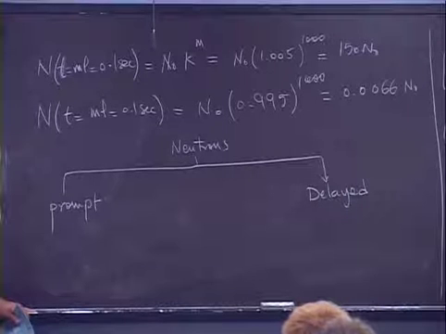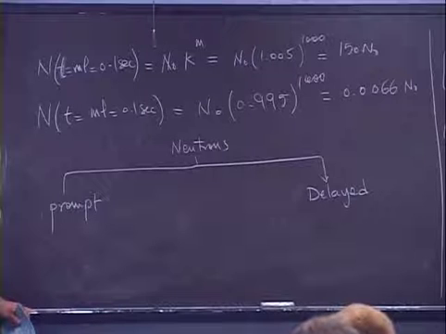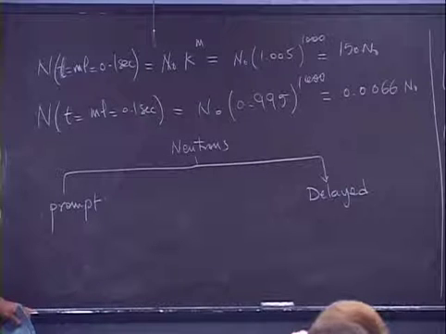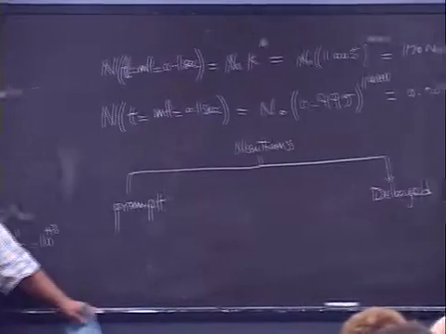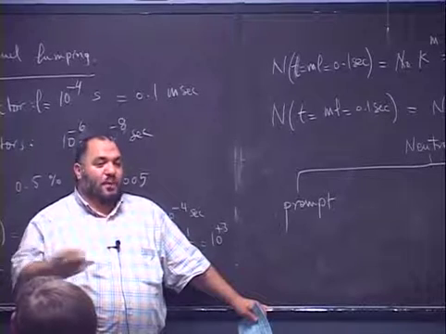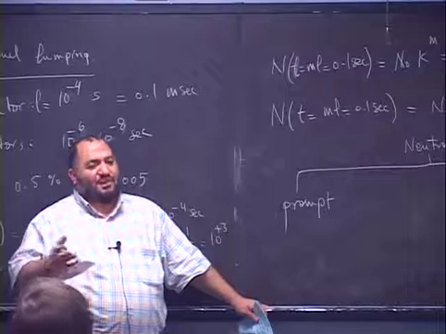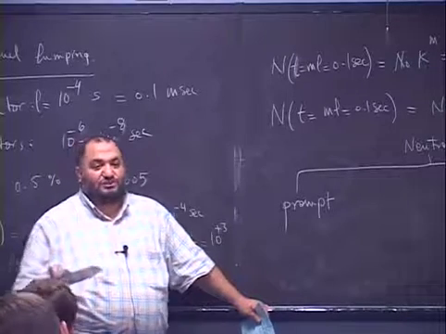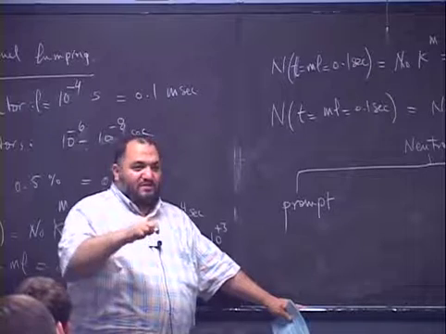Prompt neutrons are neutrons that are generated directly from the fission. So the compound nucleus is formed. You split the nucleus into two halves, or whatever the ratio, according to the fission yield. And then you produce 3 more neutrons. Those 3 more neutrons are produced simultaneously. So this is called prompt neutrons. It takes something like 10 to the power of minus 14 seconds to get generated. So the cycle will be very, very fast.